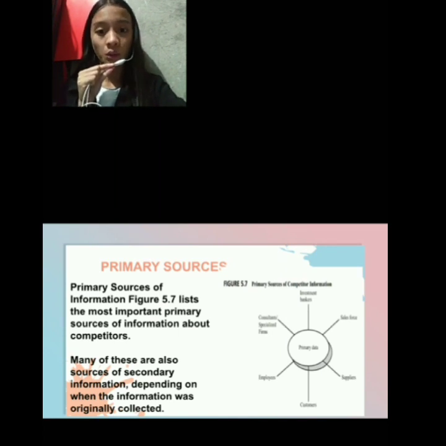Many of these are also sources of secondary information, depending on when the information was originally collected. So let's discuss one by one so that we understand the primary sources of competitor information.